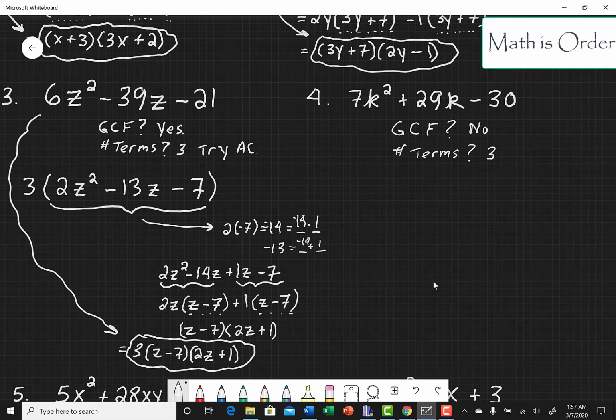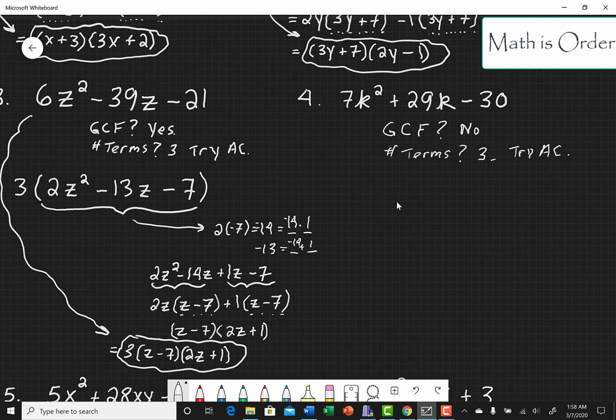3. So when there's 3 terms, we want to try the AC method. All right, now with this one, you see that we have some big numbers here. Even in this earlier case, we were dealing with some big numbers, like 7 times negative 30.